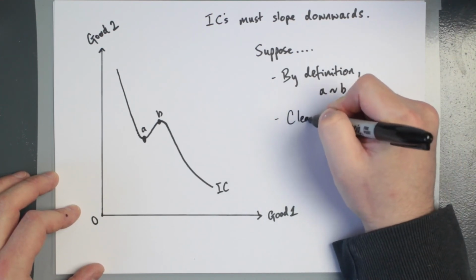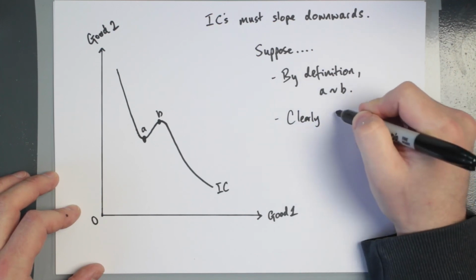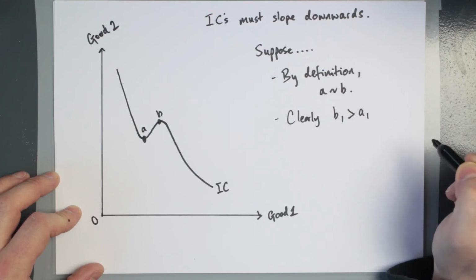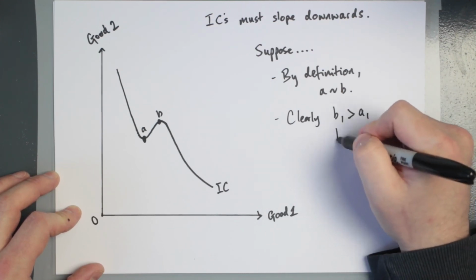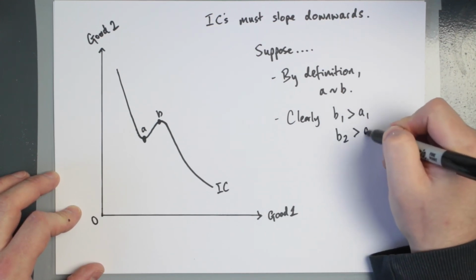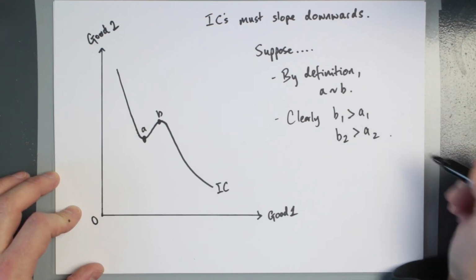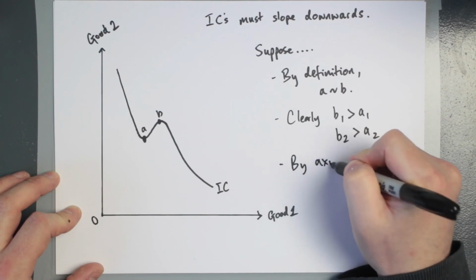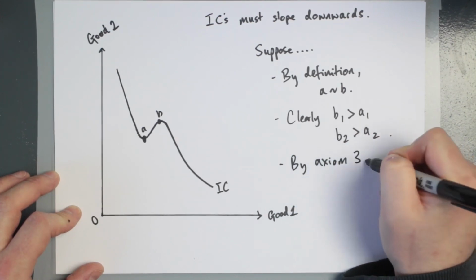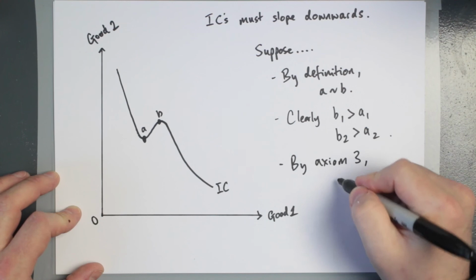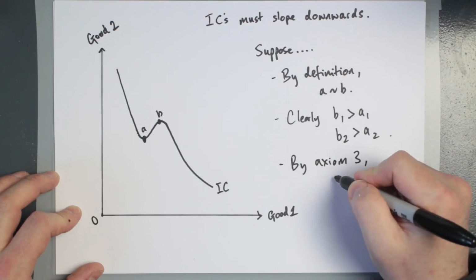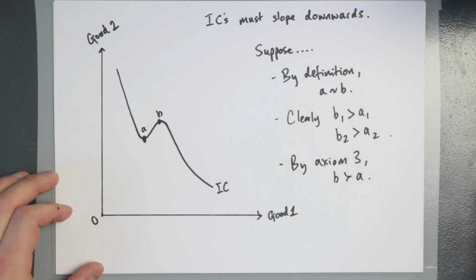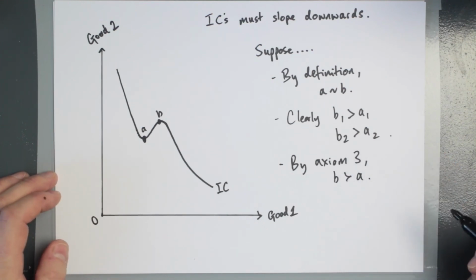Again, I can make the same argument: by the way I've drawn it, clearly bundle B has more of good 1 than bundle A, and it has more of good 2 as well. It's larger in both coordinates. Okay, so by the axiom of monotonicity, axiom 3, what do I know? Well, larger bundles must be preferred. So our individual must strictly prefer bundle B to bundle A.